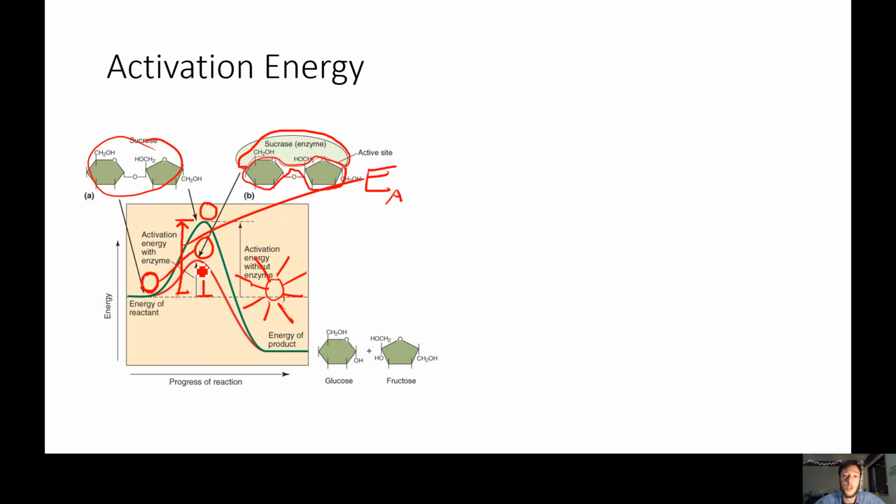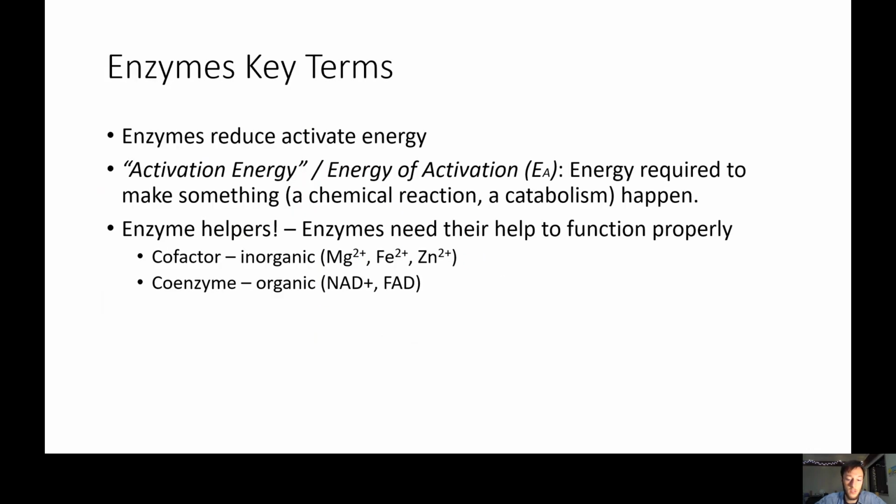And it's because there's less energy required to get to the point where it can have an exergonic reaction. Okay, so that's activation energy. And what an enzyme does is it lowers the activation energy. So this red line here is with the enzyme, and the green line is without the enzyme. Okay, hopefully that makes sense.